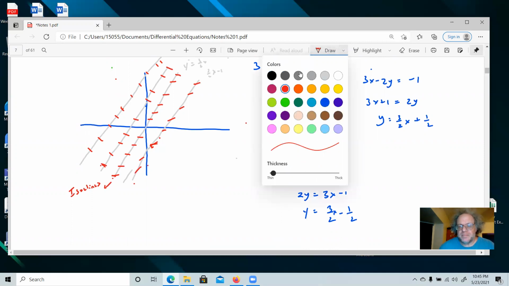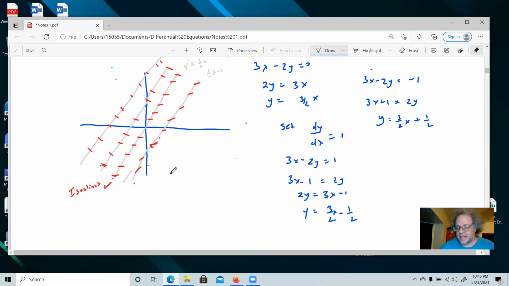And then gray. And then we set dy by dx equal to +2. So we're going to get the next one down here. Oh, that was a terrible line. Oops, wrong one. I went light, not noticeable gray.